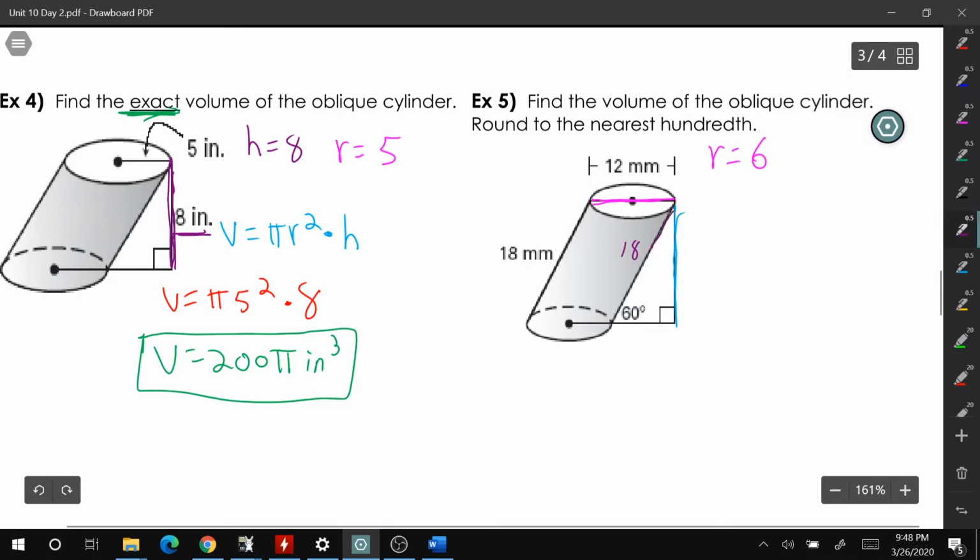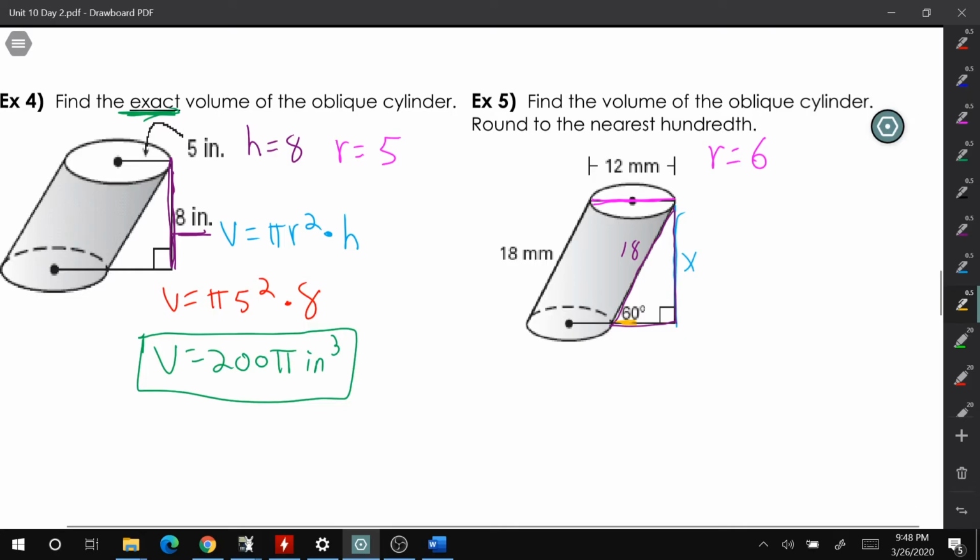Well, if we look at this, oh my gosh, it's a right triangle. Now, you could use special right triangles if you remember those, but since we have our calculators, you can also use SOHCAHTOA. We are trying to figure out this side right here, the height, and we are given 60 degrees.